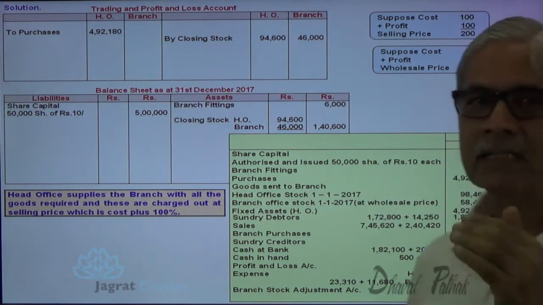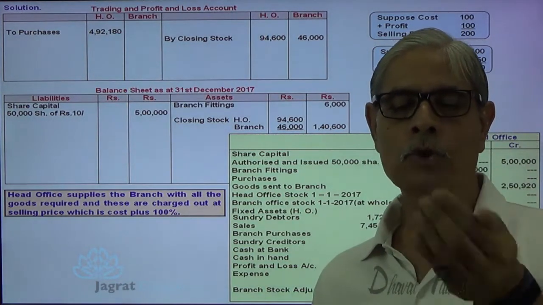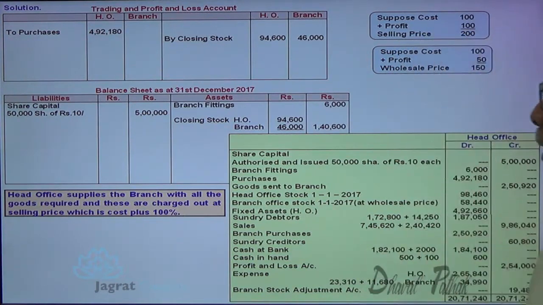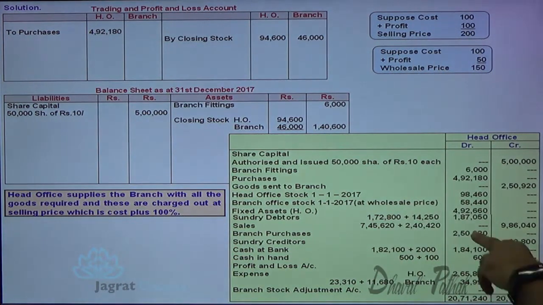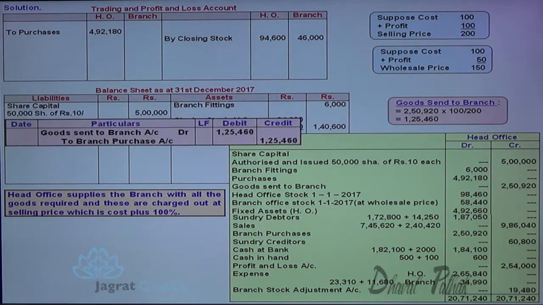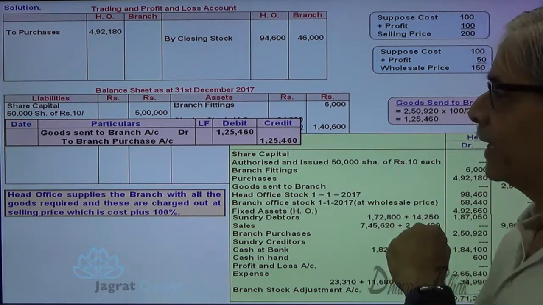So 200 is the goods sent, then cost is 100. How much for 2,50,900? So goods sent 1,25,460. So I write the adjustment entry.